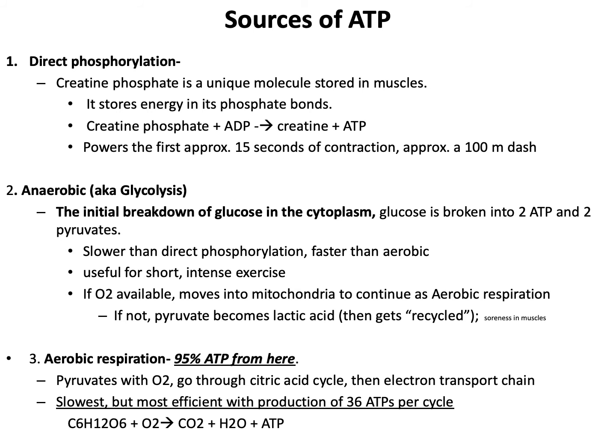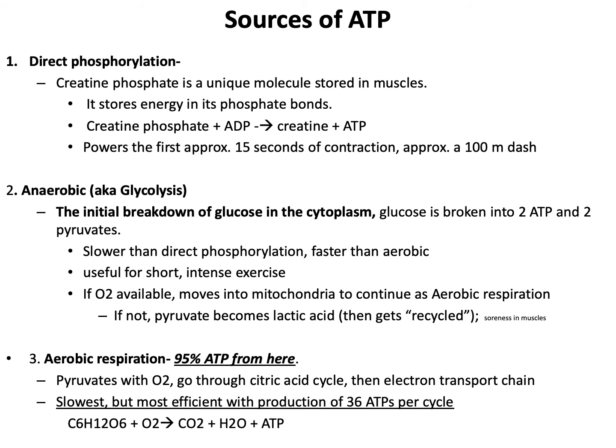If you are a baseball player and you are swinging at a fastball, you're using direct phosphorylation. I am still, and now I'm swinging at a 100-mile-an-hour ball. You don't need a lot of energy, but you sure need it right this very second. That's going to be from direct phosphorylation.